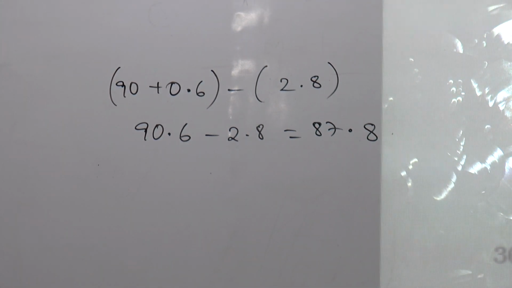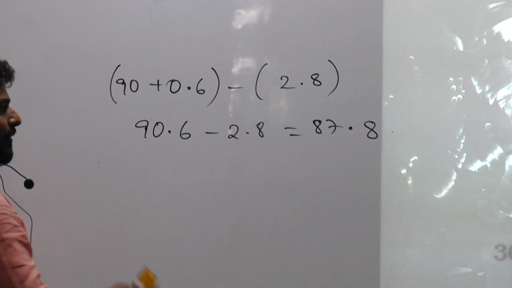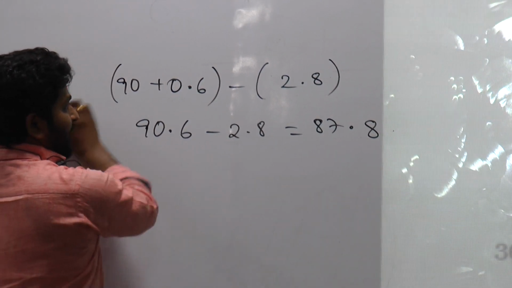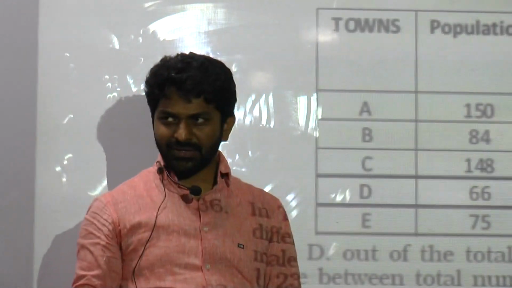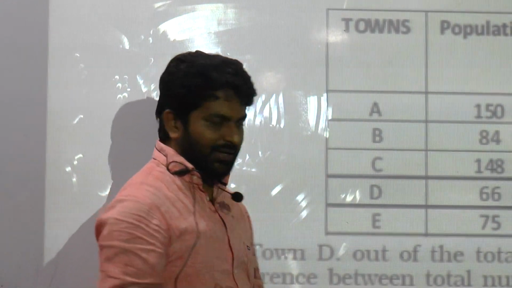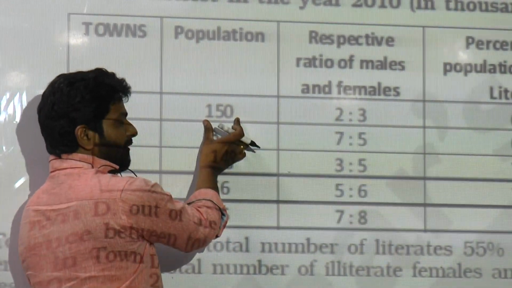Next, what is the average of total number of female belonging to town A, town B, town C? This is about total population, not with respect to literates or illiterates. How many parts do we have? 5 parts is equal to 150.